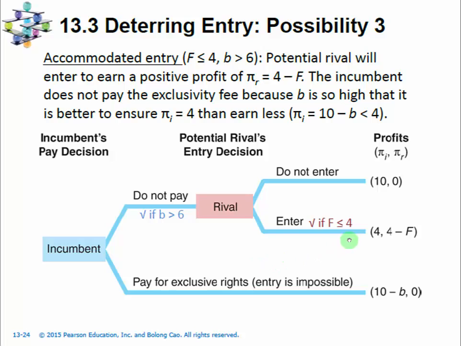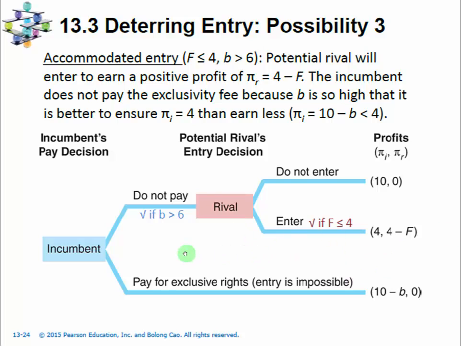So basically, if the fixed cost for the rival is too high, the incumbent doesn't have to pay this fee for the exclusive rights B. Or if the cost for the exclusive right is too high, if B is higher than 6, the incumbent will not pay. Because 6 is the damage that can be done by the rival, and if the cost of the exclusion contract is higher than 6, the incumbent would rather just take the damage from the rival.